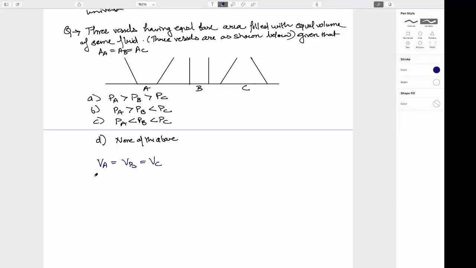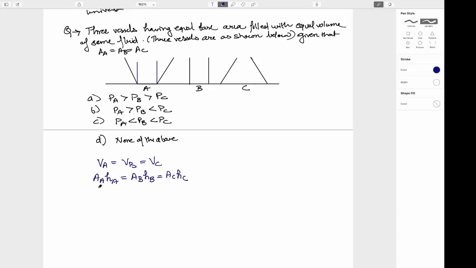Meaning that AA into HA, we need to find H. A into HA equals AB into HB equals AC into HC. First I am explaining what I am doing, and then we'll tell you whether what I am doing is right or wrong.